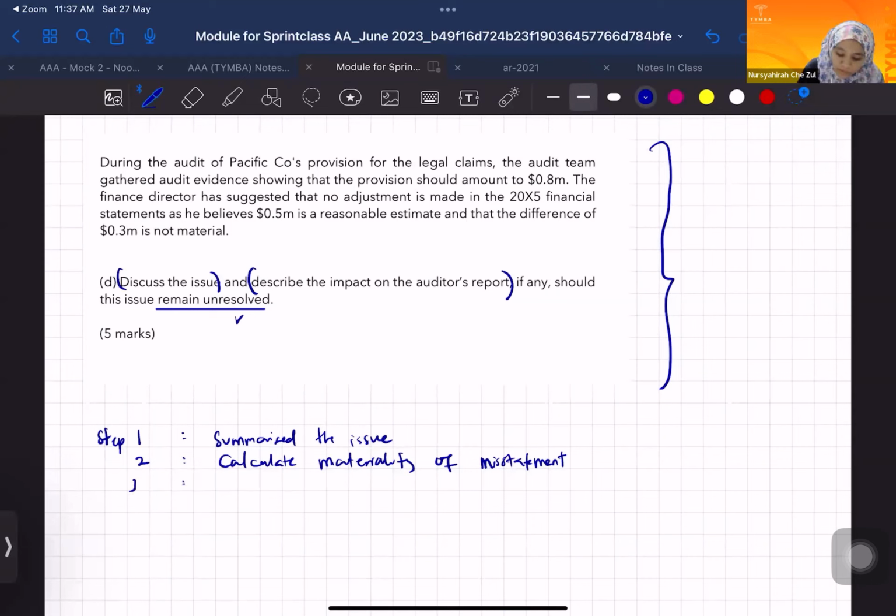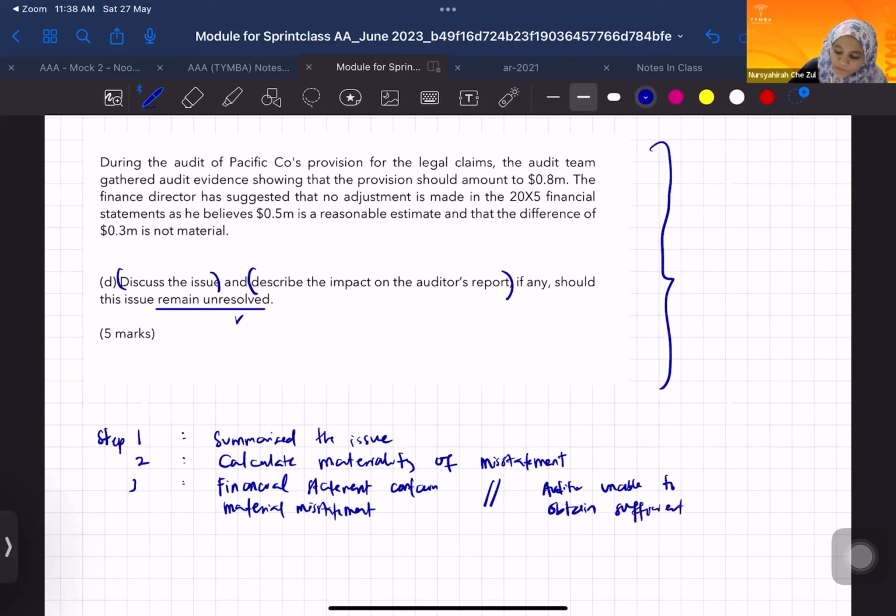Step 3, you identify whether this is an issue of the financial statements containing material misstatement, or the auditor being unable to obtain sufficient appropriate evidence. Sometimes the issue highlighted by the auditor is not relating to misstatement, but to being unable to obtain evidence due to whatever reason.